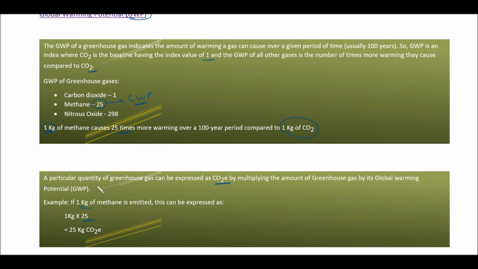And if it was 1 kg of nitrous oxide, then it would have been 298 kgs of carbon dioxide equivalent. So using the global warming potential and the amount of gases emitted, you can easily calculate the carbon dioxide equivalent of the emission.